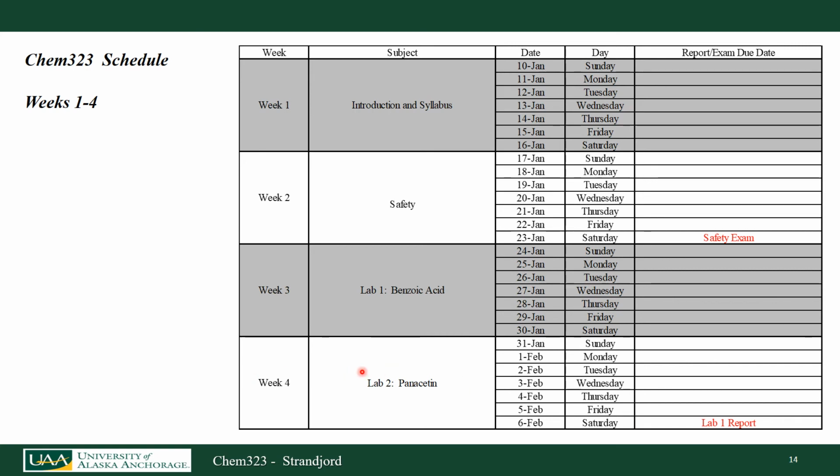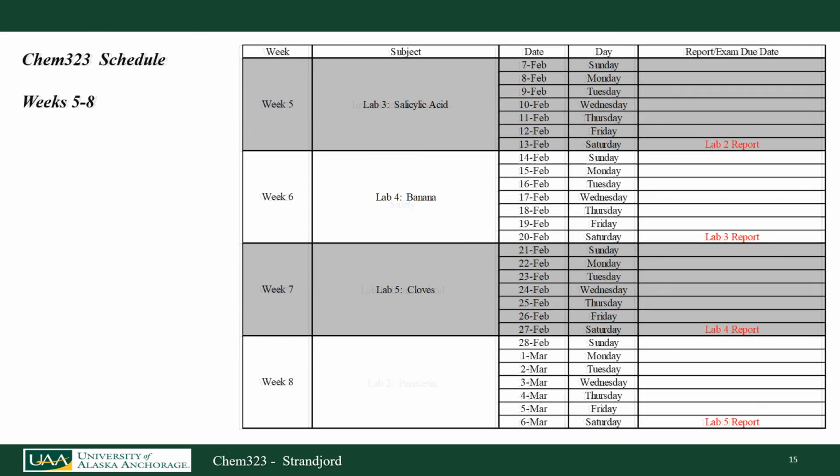So in week 4, we're going to start lab 2, which is the panacetin lab. It's going to be due the following week on Saturday evening. Then we're going to do the banana lab, the clove lab. This lab is blank because the following week is going to be spring break.